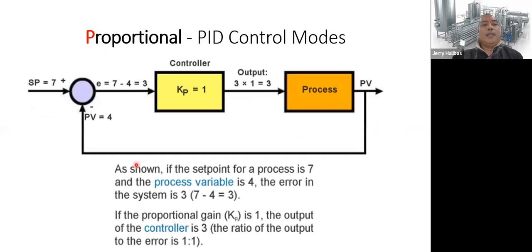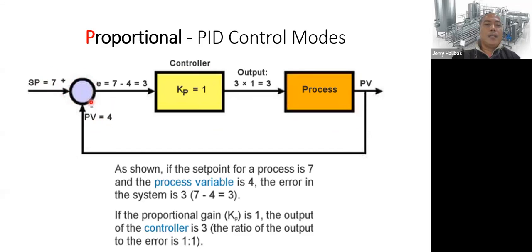For example, let us say the set point is equal to 7. Let us say the proportional gain, Kp, is set to 1. Let us say the process output, or PV, is 4.